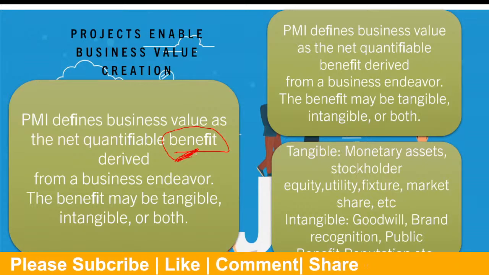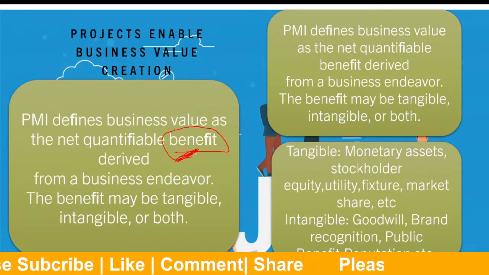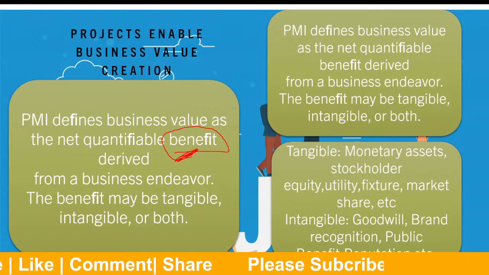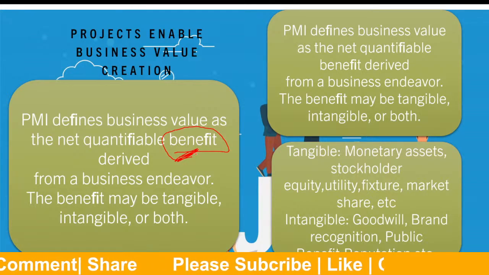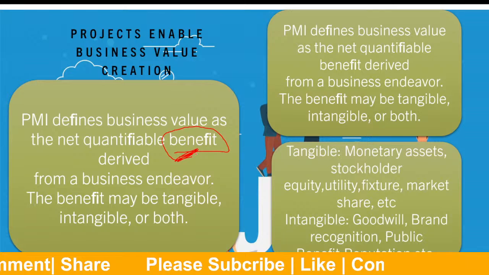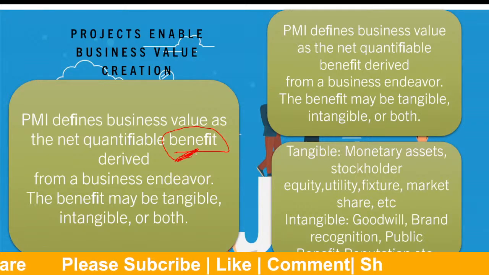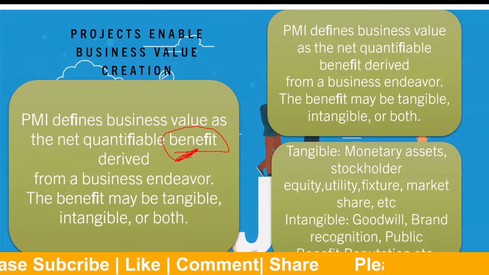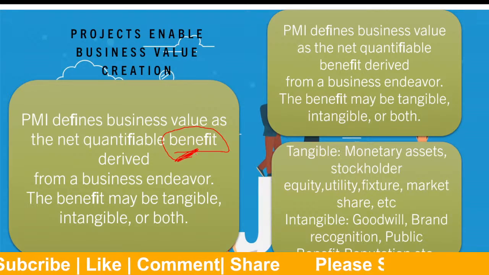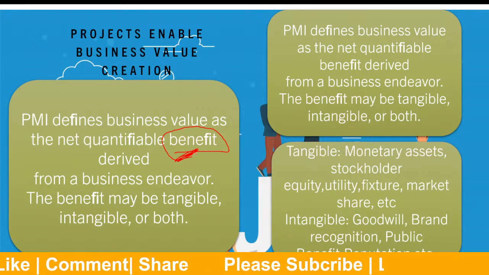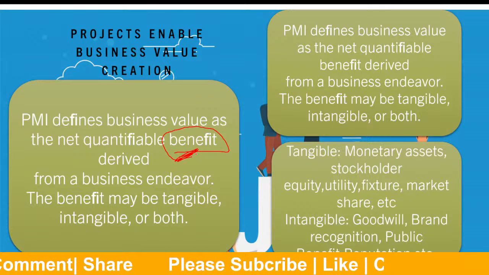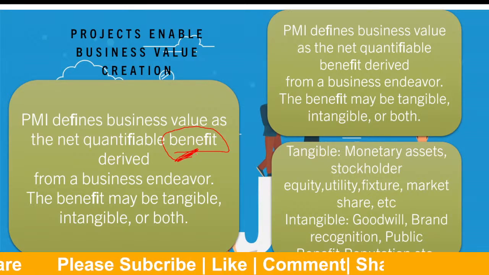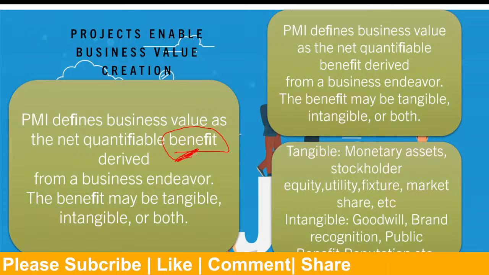Because most of the time we look at the monetary benefits when we embark on a project. But a project is more than that. It could be tangible, it could be intangible, and it could be both. Tangible could be monetary assets, stockholder equity, utility, future market share, etc. But intangible will be goodwill, brand recognition, public benefit, reputation.